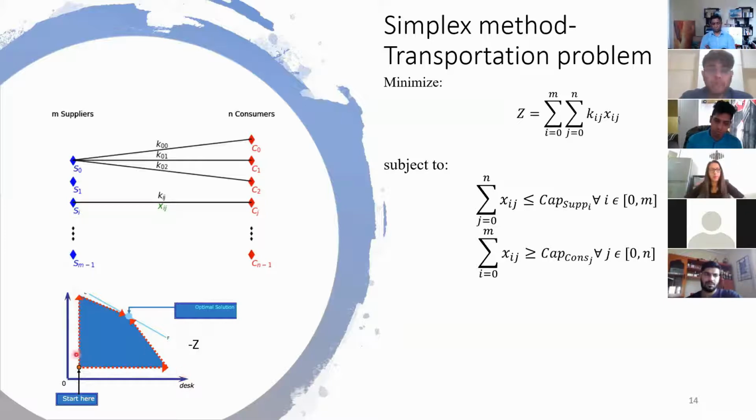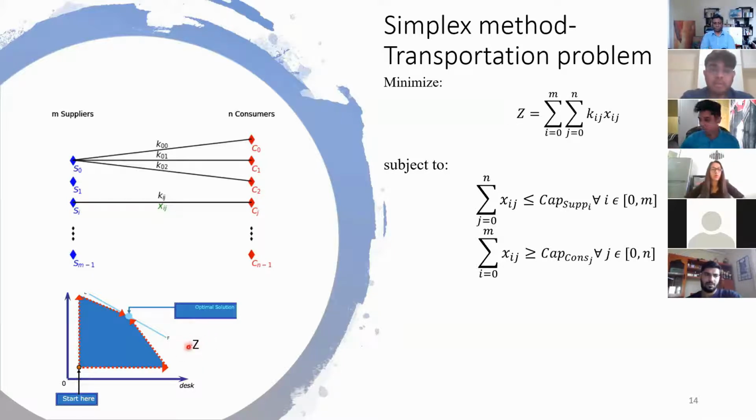And the choice in which direction you go depends on which direction corresponds to the largest increase in your objective function value, which in this case would be minus z.